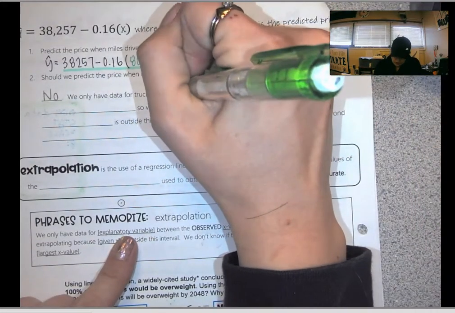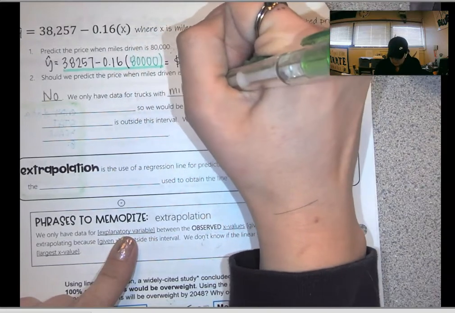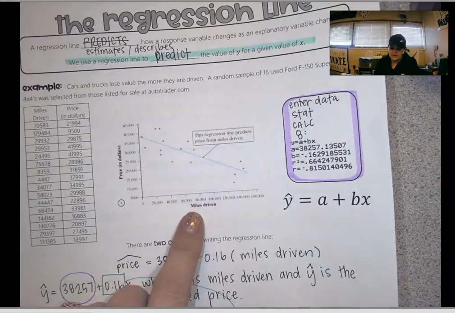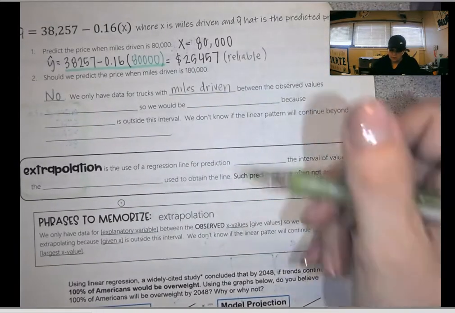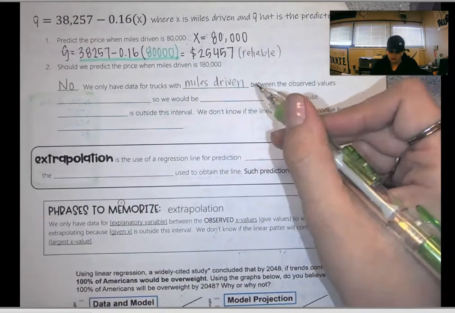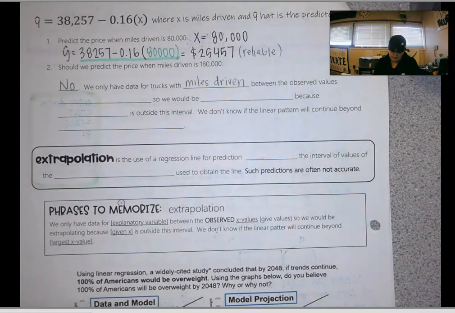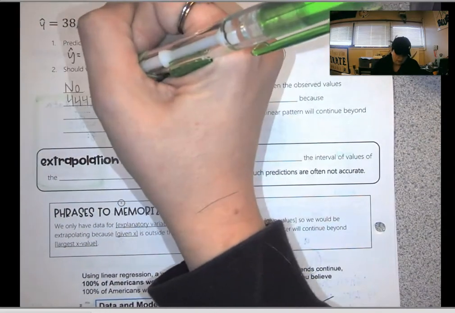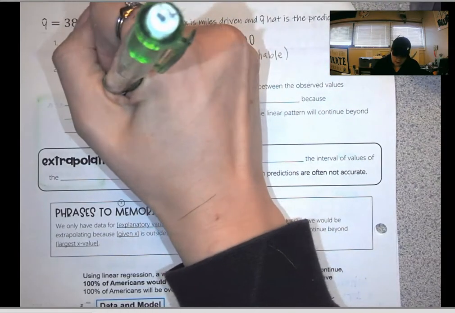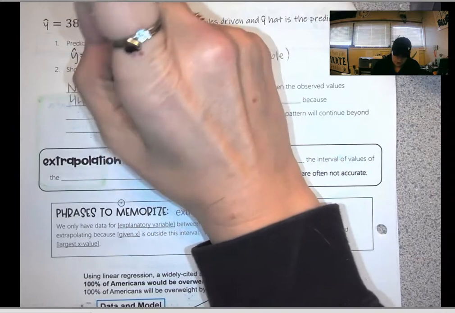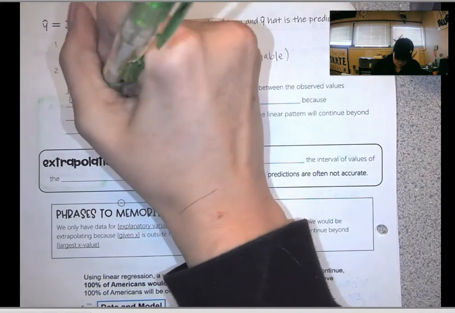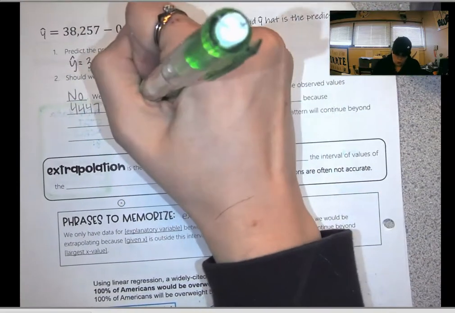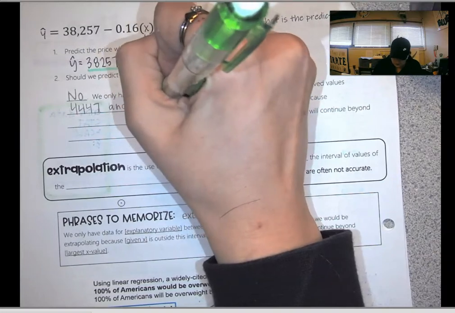So, for trucks with miles driven, recall that's what is on my x-axis, between the observed values, and then I highlighted them for us, 4,447 and 144,162.